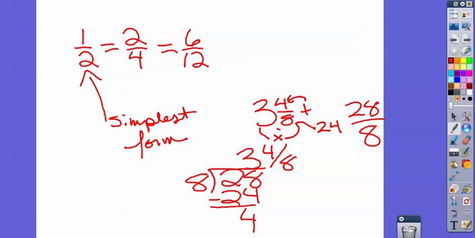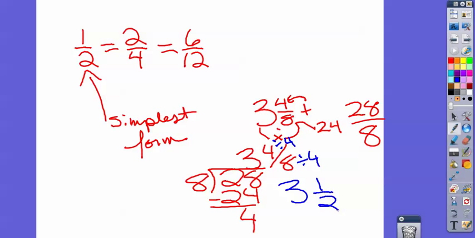Since it's 4/8, I could simplify it, because I'm going to make you simplify all your answers on your fractions. So divide top and bottom by, I divided by 2, and I just realized that I could divide both of those by 4. Divide top and bottom by 4, since 4 is the largest factor that can go into both, and that's going to leave me with 3 1/2. So now I've simplified my mixed number.